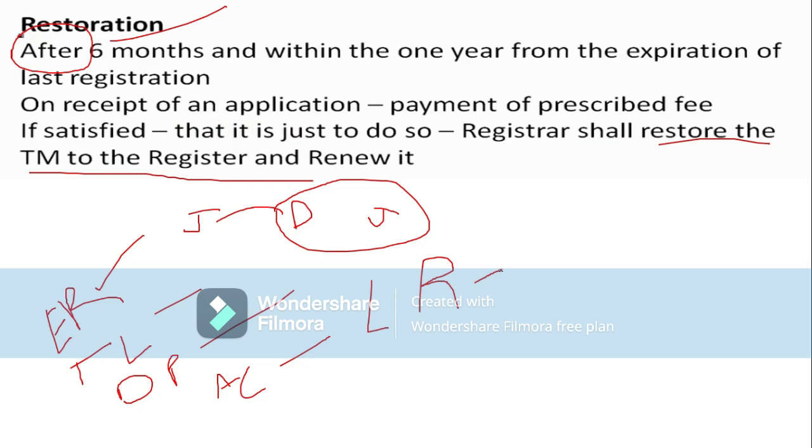And by registration, another important advantage will be there. What is that? It safeguards against infringement. So no other person can use your trademark.